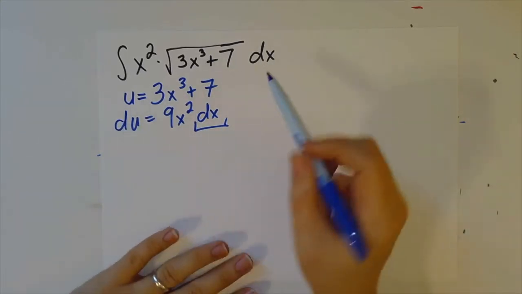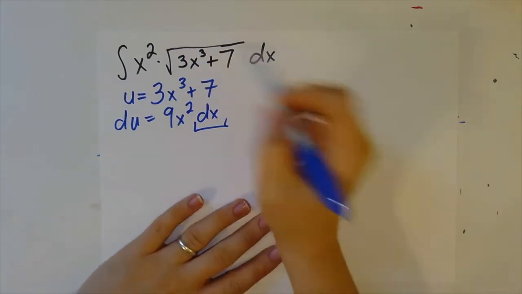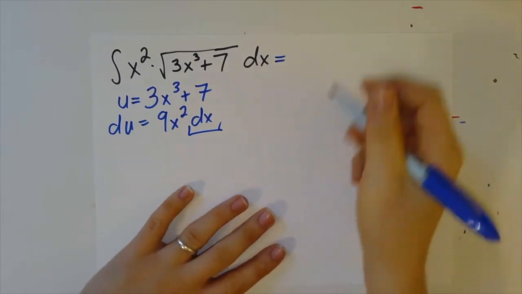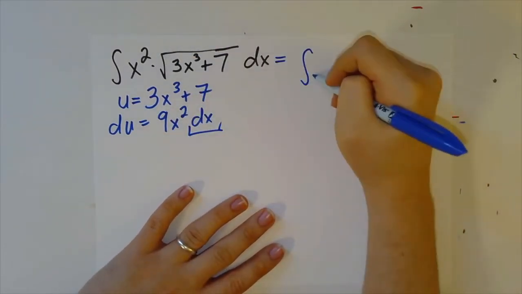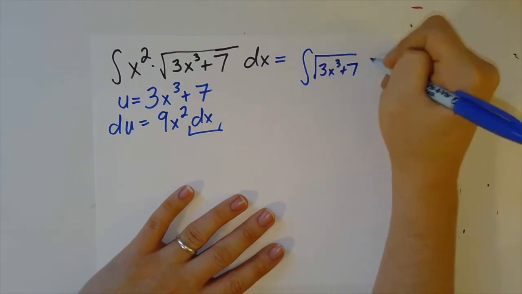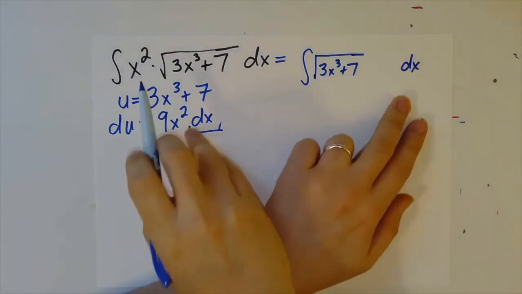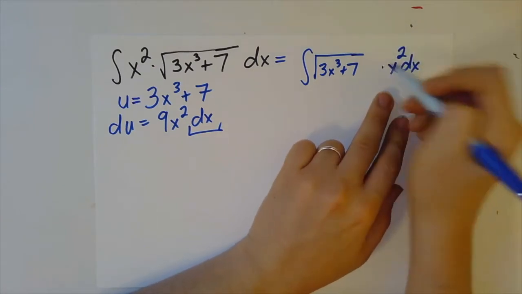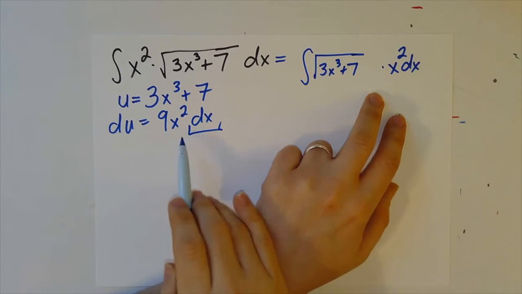Okay, so let's look at this. I want to try and reorganize my pieces here. So I'm going to have an integral. Let's see, there's the square root of 3x cubed plus 7. I'm going to write down my dx. I'll put this x squared in front of the dx. But then I actually need a 9x squared here.